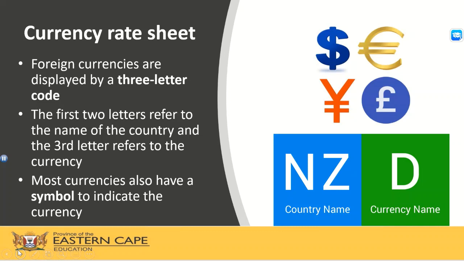You will also find, grade 11, that most currencies have a symbol to indicate currencies, and some of those symbols are given on the top right-hand side of your screen. There is the dollar sign, the euro sign, the Japanese yen, as well as the British pound.